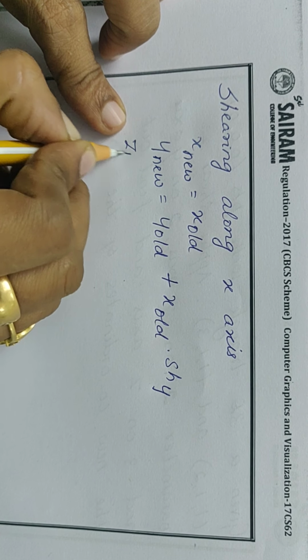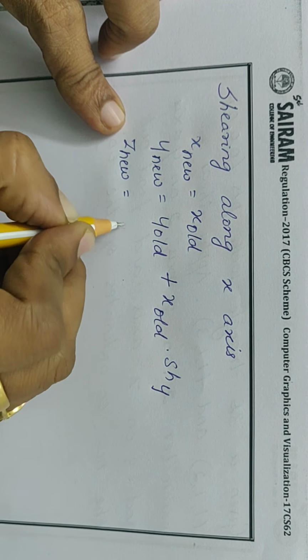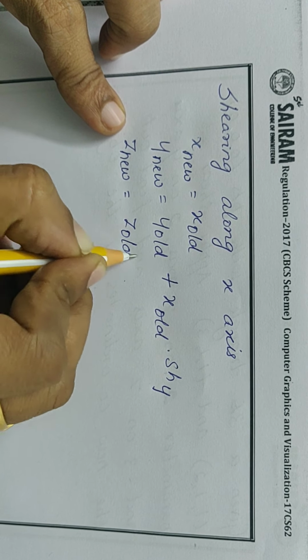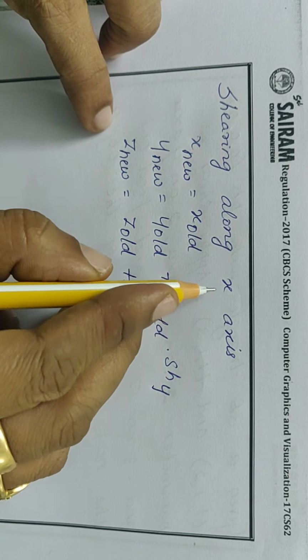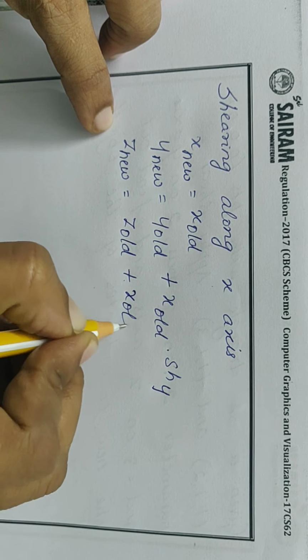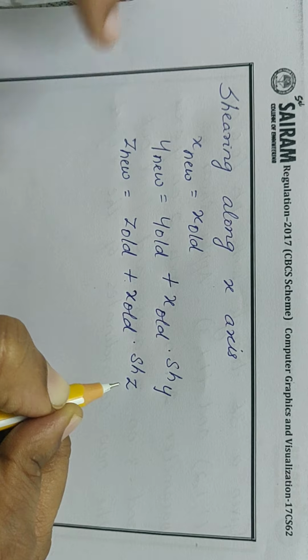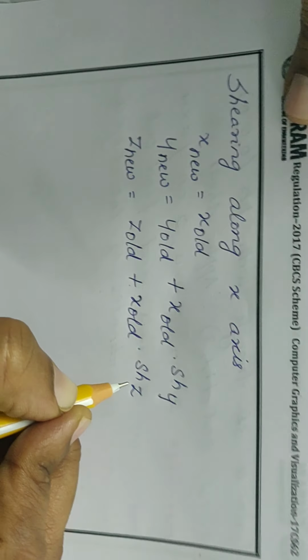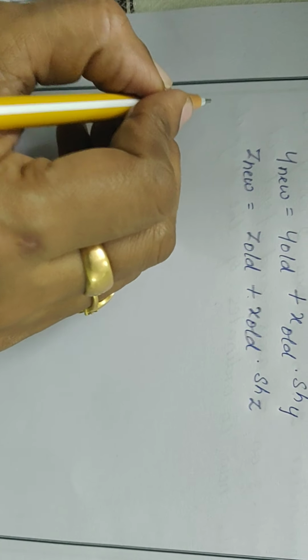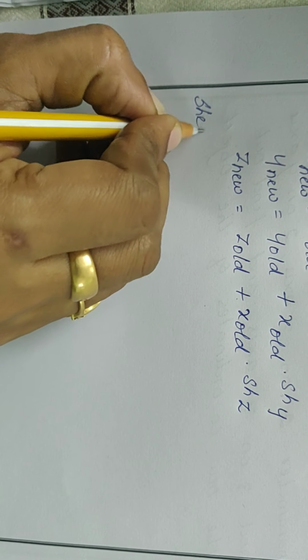Next, z new will be z old plus x old into shear factor along the z-axis.